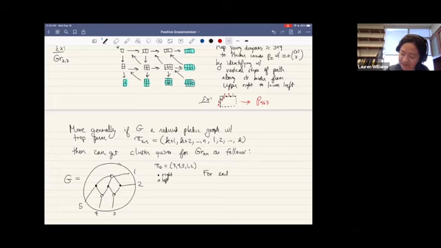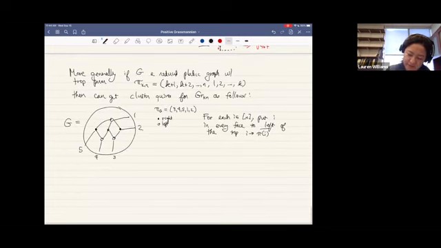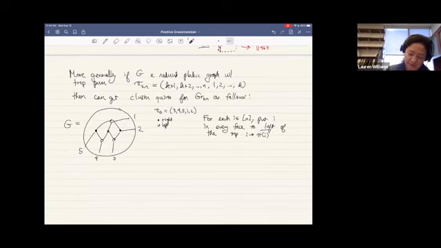So for each number I, I'll put an I in every face to the left of the trip which goes from I to pi of I.